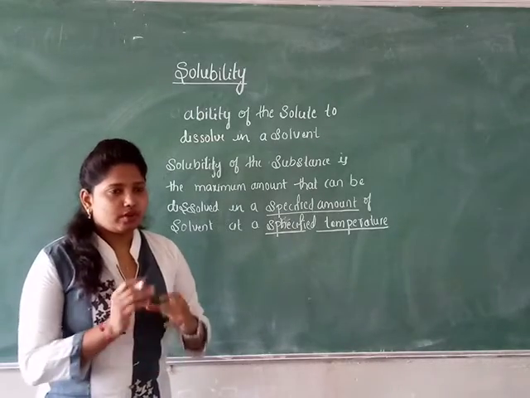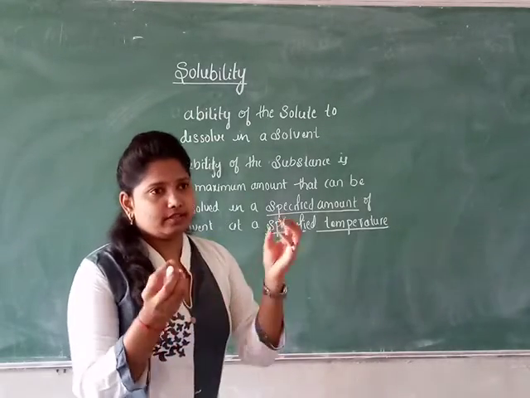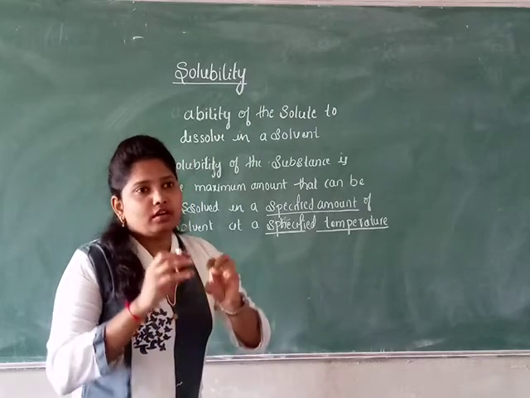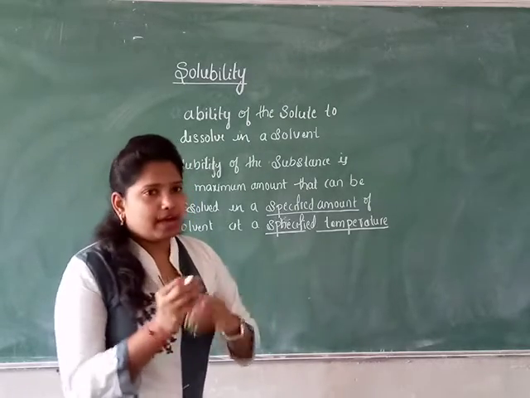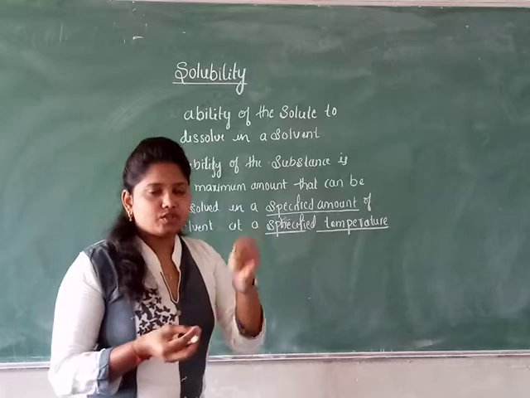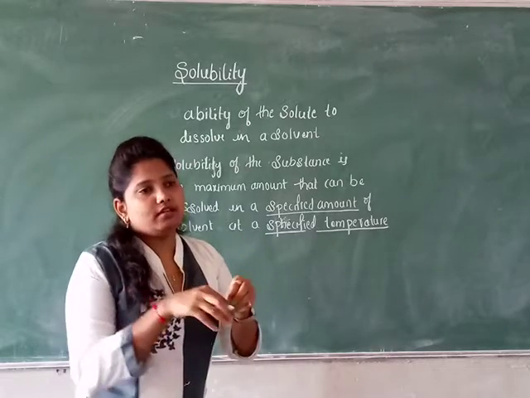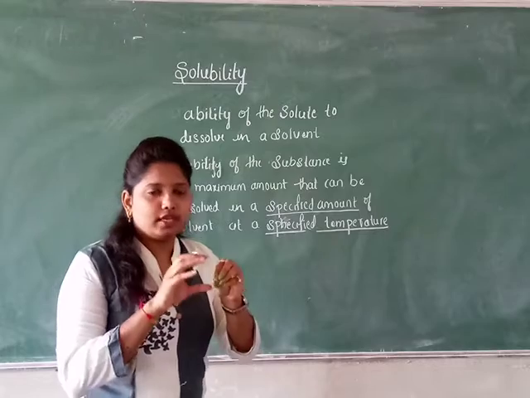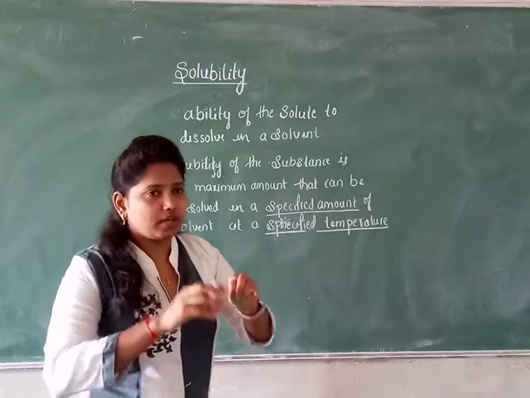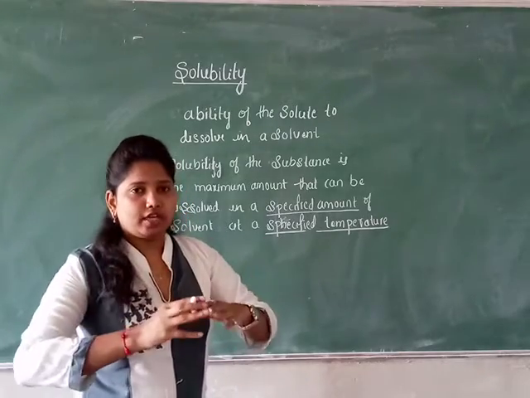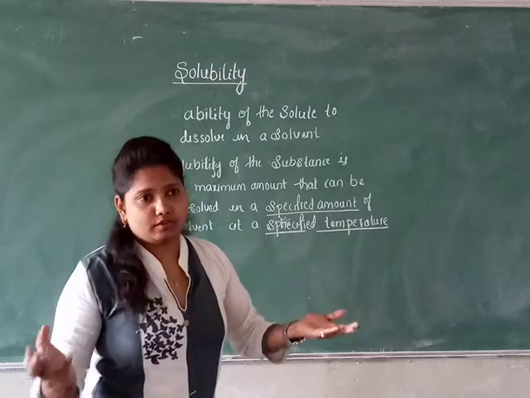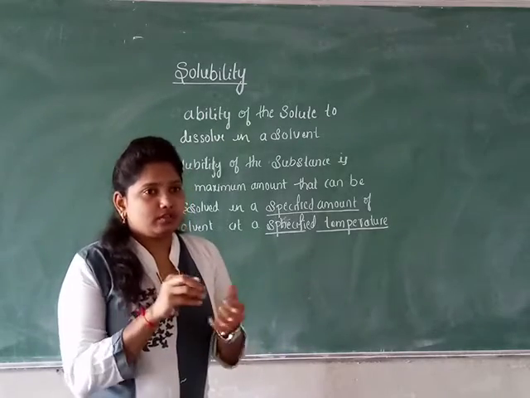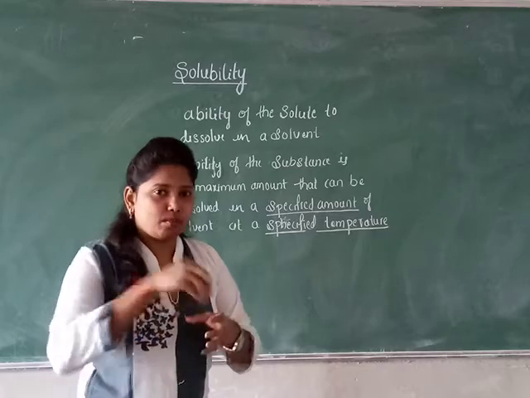Specified amount of the solvent means what? The solvent to which the solute is being added will be a specified amount. For example, you are adding 5 gram of solute in 50 ml of water. If you add some more solvent to this beaker, then the capacity for solubility will be more, because you can add some more solid to this.